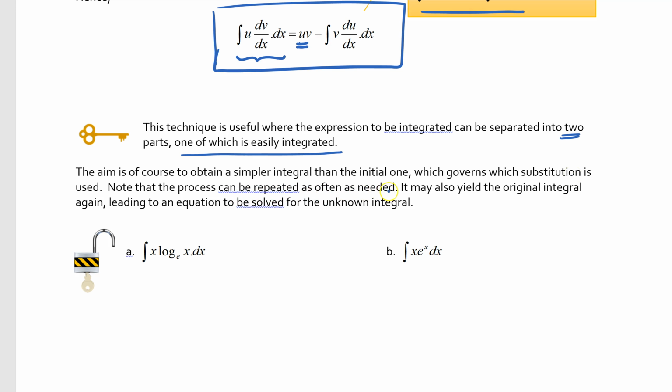Occasionally the process will need to be repeated, and sometimes it will even yield the original integral again, and that gives us an equation that we have to solve. So we just have to have faith in the process, do it carefully, and understand what it is that we're doing. So let's apply it to a couple of examples.